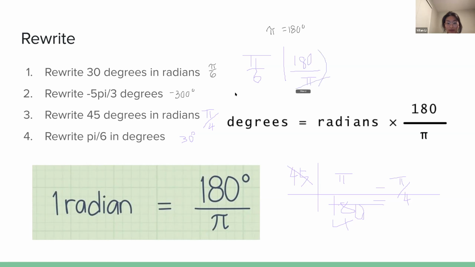You cross out the pi, and 180 divided by 6 is 30. And that's how you get 30 degrees for pi over 6.